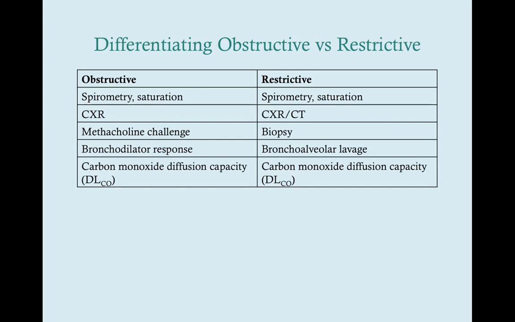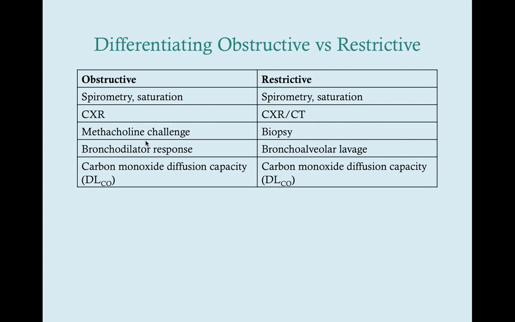We talked about spirometry, saturation, getting a chest x-ray, carbon monoxide diffusion capacity, of course, the AA gradient. With obstructive disease, particularly in differentiating between asthma and COPD, a lot of times it's clinically obvious. Most 5-year-olds don't have COPD, and most 65-year-old smokers don't get a new diagnosis of asthma.